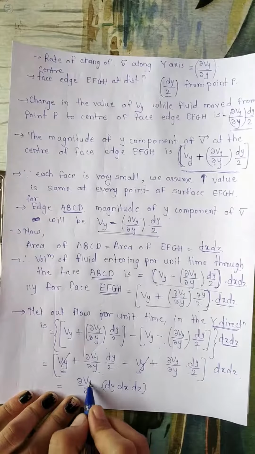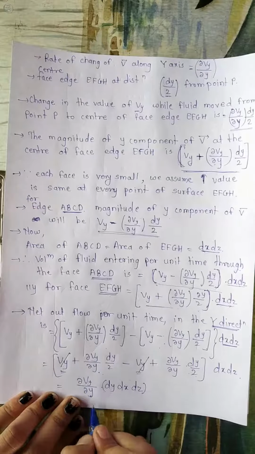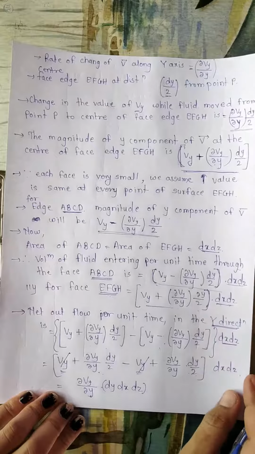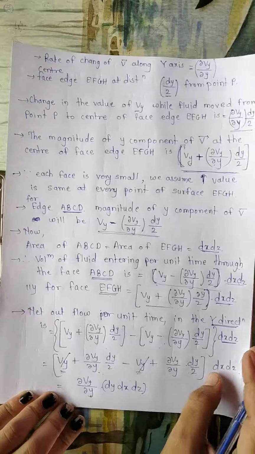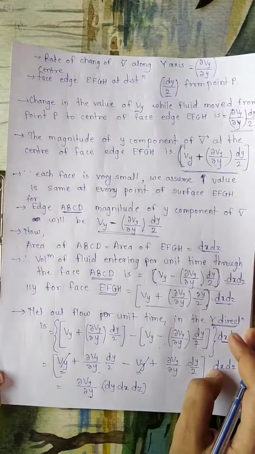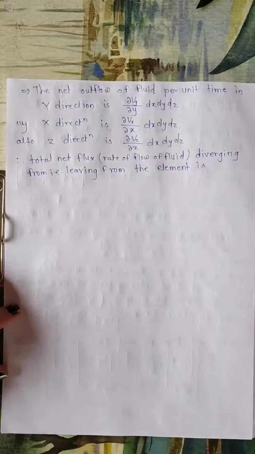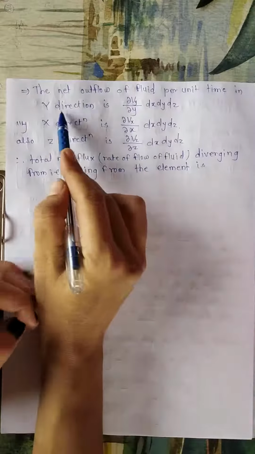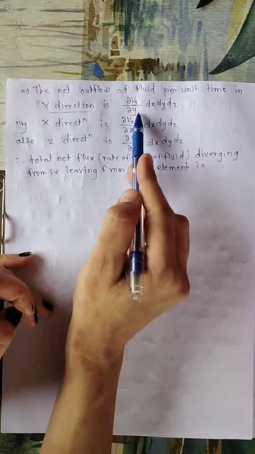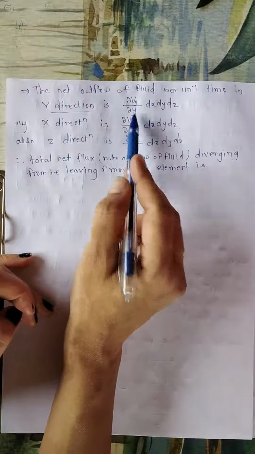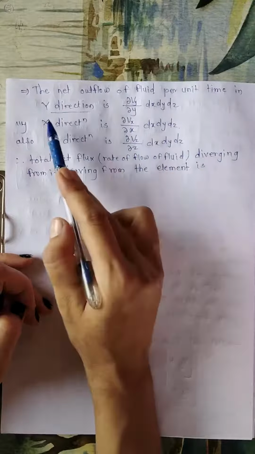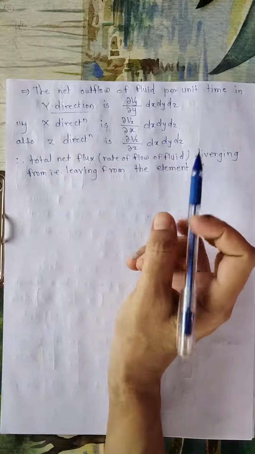For x, here we will have x, and for z, here we will just have z, and that will give us the net flow of a fluid per unit time in x and z axis direction respectively. I will write it on a new page. So we calculated for y direction, and it is similar for x and z, just there is a change of suffix. So this will give us the net outflow of a fluid per unit time in x, y and z direction respectively.